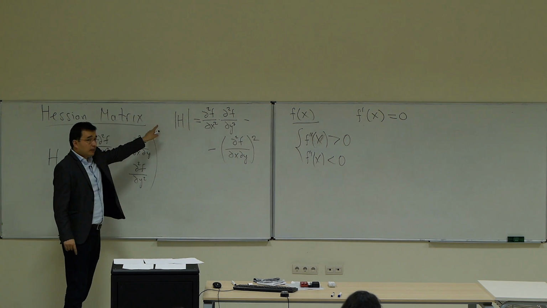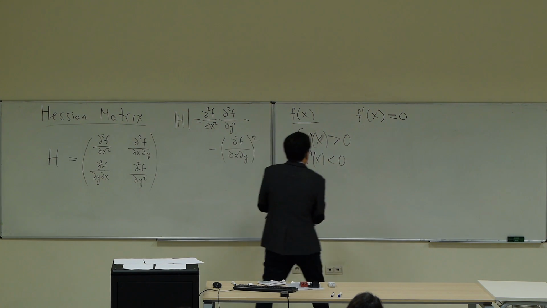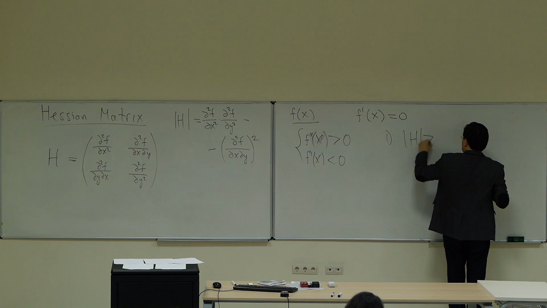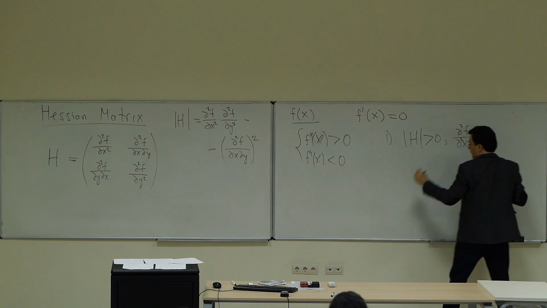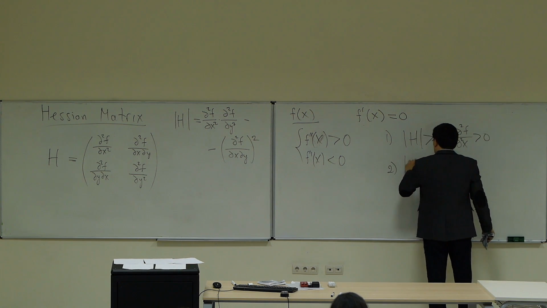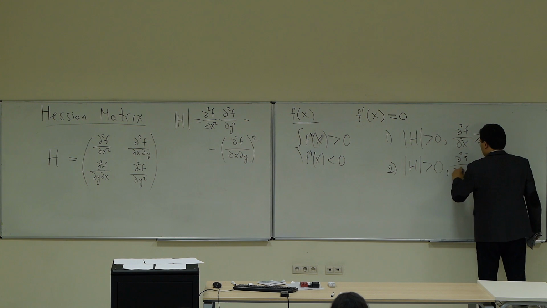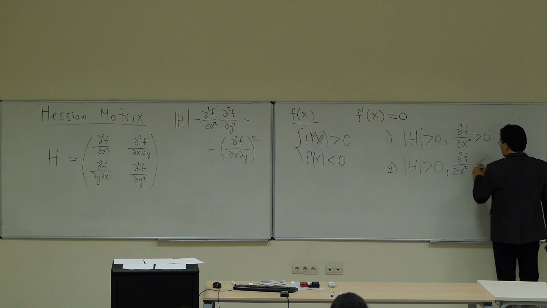So the value of the determinant tells what kind of situation we have, it turns out. First possibility: the determinant can be larger than 0, and the second derivative of f with respect to x can be larger than 0. Second situation: the determinant can be larger than 0, and d squared f dx squared can be smaller than 0.